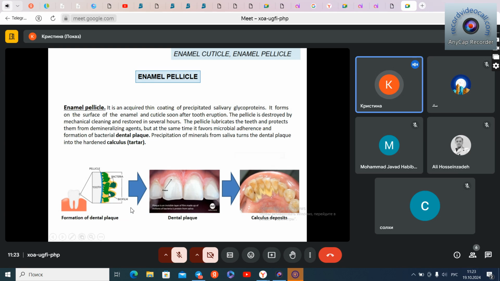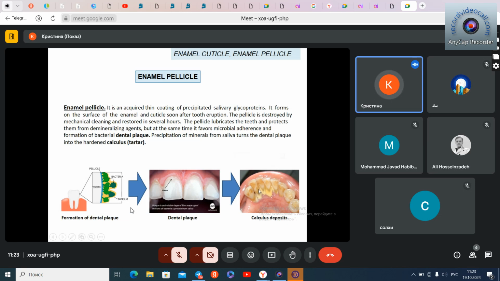Bacteria eat glycoproteins and produce acids. Acids will destroy the enamel. And then, if we do not brush the teeth, this dental plaque grows, and precipitation of minerals from saliva turns the dental plaque into the hardened calculus or tartar.